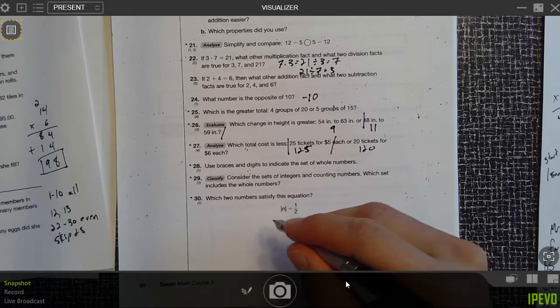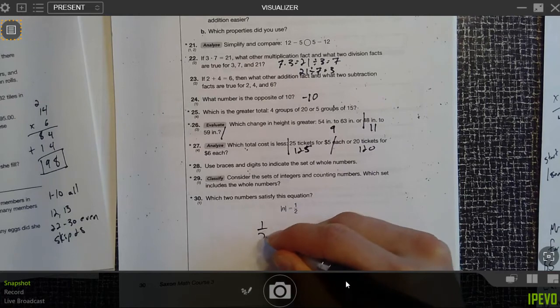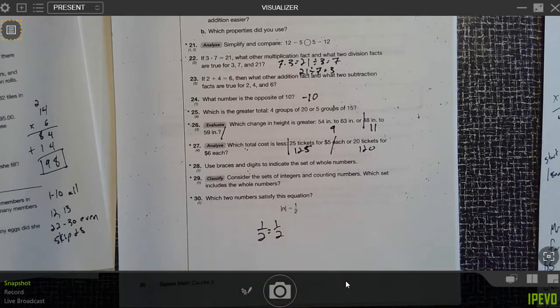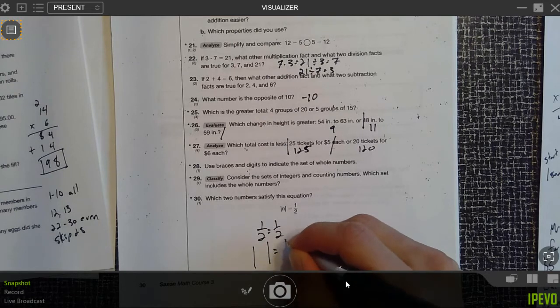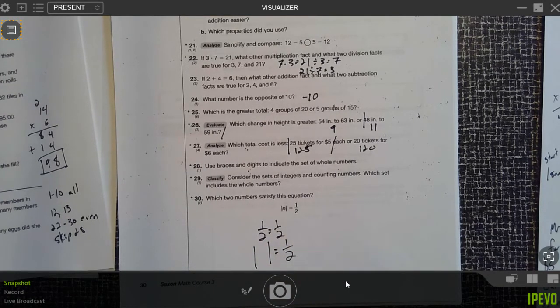Now that means that 1/2 equals 1/2, right? But also the absolute value of what also equals 1/2. That'd be -1/2. Both 1/2 and -1/2 are equal there. Okay. That's kind of a weird one. I don't think the book has really done much to set this up, so you may have struggled there.